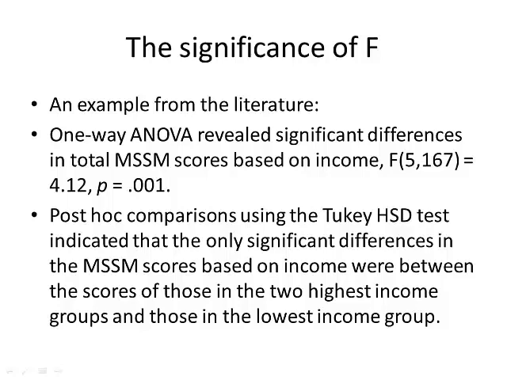Post hoc comparisons using the Tukey HSD test, and that's just one of the post hoc tests that you can use, and there are different post hoc tests that you might use for different reasons.